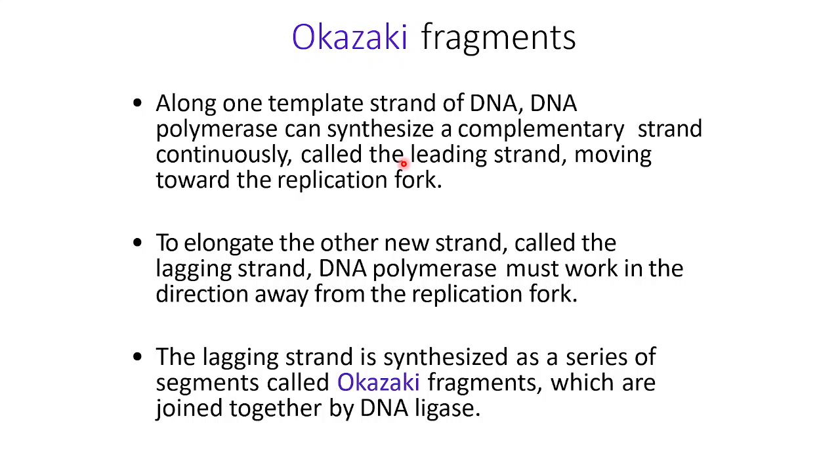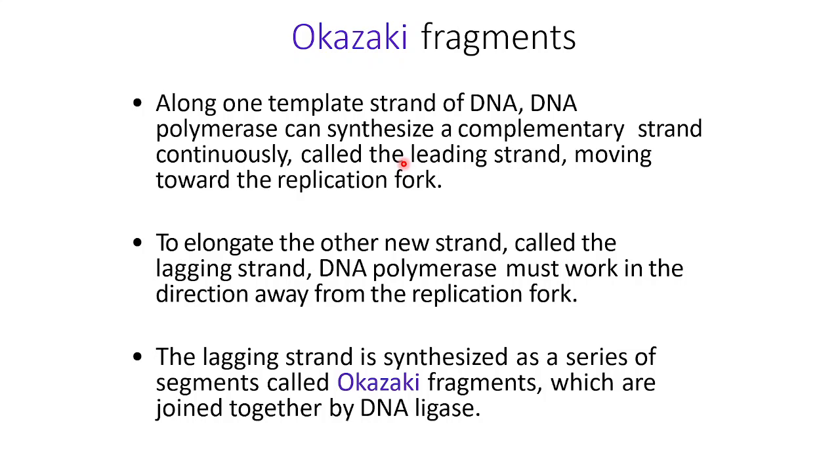So the 5' to the 3' strand will have smaller fragments complementary to the mother strand, and these small fragments are known as the Okazaki fragments. Along one template strand of DNA, the DNA polymerase can synthesize a complementary strand called the leading strand, which usually happens for the 3' to the 5' end.